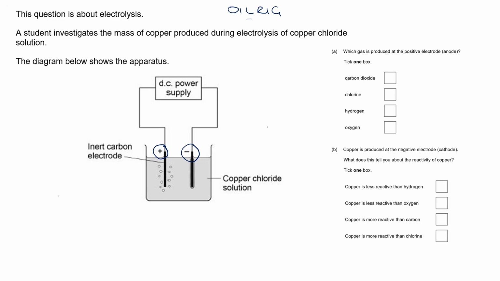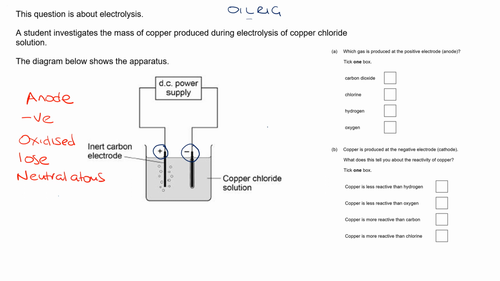The positive electrode is called the anode, and during electrolysis, any of the ions that are attracted, which are obviously negative, are oxidized, and of course that means that they lose their electrons, and in losing their electrons they are then restored to neutral atoms.